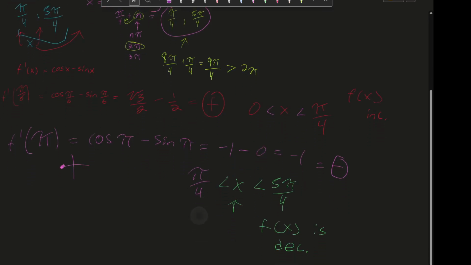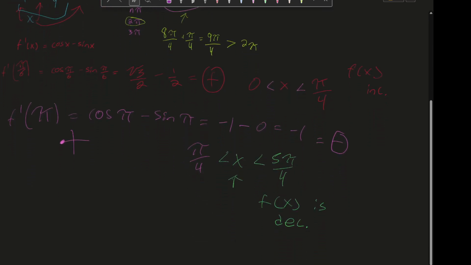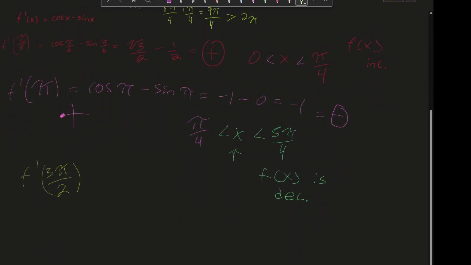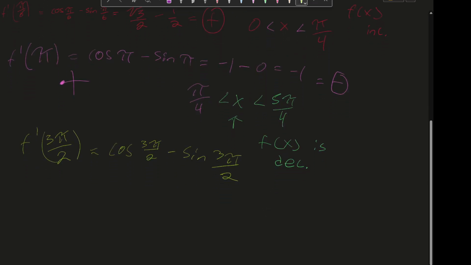If I could think real quick, I guess 3 pi over 2 is a pretty good choice. Least amount of thinking here. That is in between your 5 pi over 4 and 2 pi. So then it's cosine of 3 pi over 2 minus sine of 3 pi over 2. Thinking of it like a coordinate system again, this reference point is going to be down here on your negative y-axis.